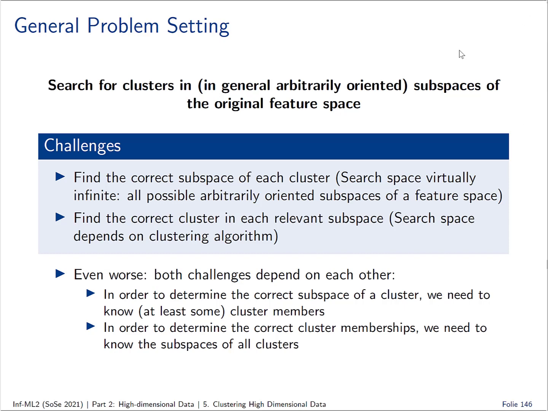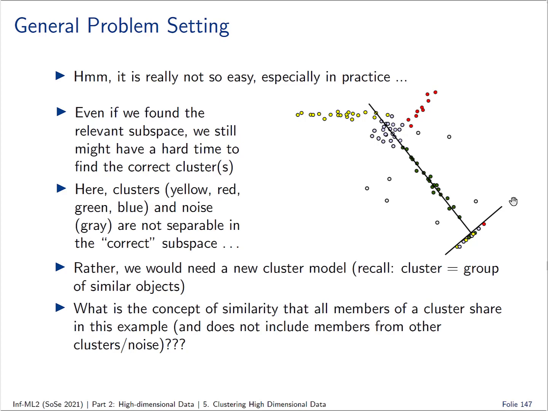But to be honest, this dependency of these two problems on each other is somehow a technical problem. In practice, the general problem is to really define the correct patterns that we want to find.